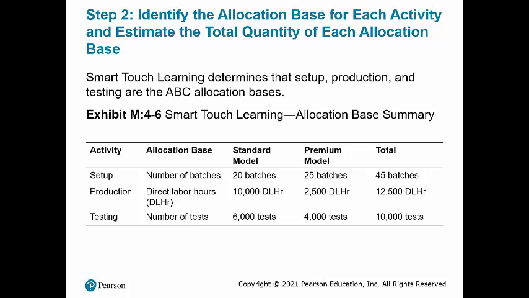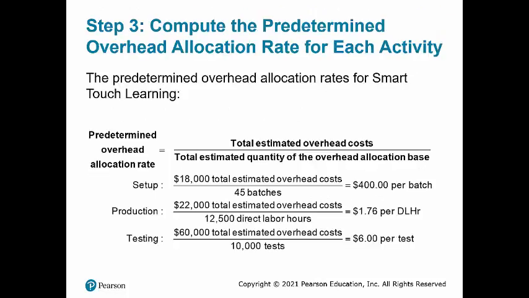For production, they estimate the total direct labor hours for the standard and the premium model, add those together, and get a total of 12,500 direct labor hours, which will be the allocation base for the overhead for production. Then they estimate the number of tests they will perform for the standard and the premium model, and determine that will be 10,000 tests, which will be divided into the total cost of manufacturing overhead for testing to determine that predetermined overhead allocation rate.